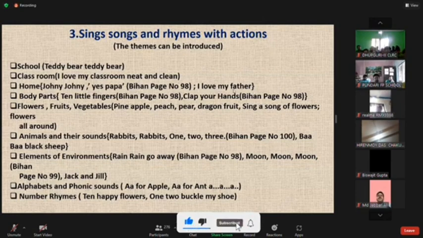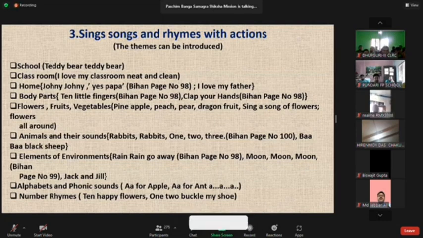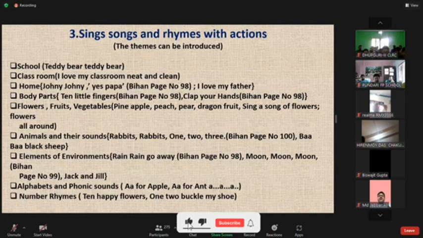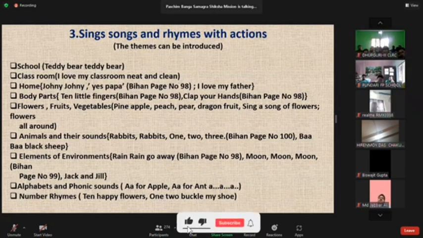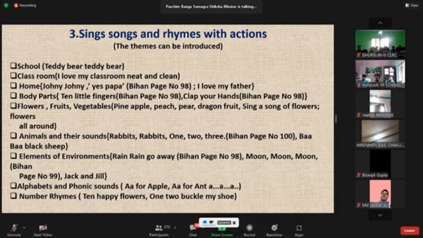So whenever we are using the alphabet, we must be aware of the phonic sounds, and we must introduce the phonic sounds with the alphabets accordingly, following the rhymes, and later we will see those activities. In the case of number rhymes, whenever we introduce the number concept, we should not only introduce the numbers, but also help them learn how to count.